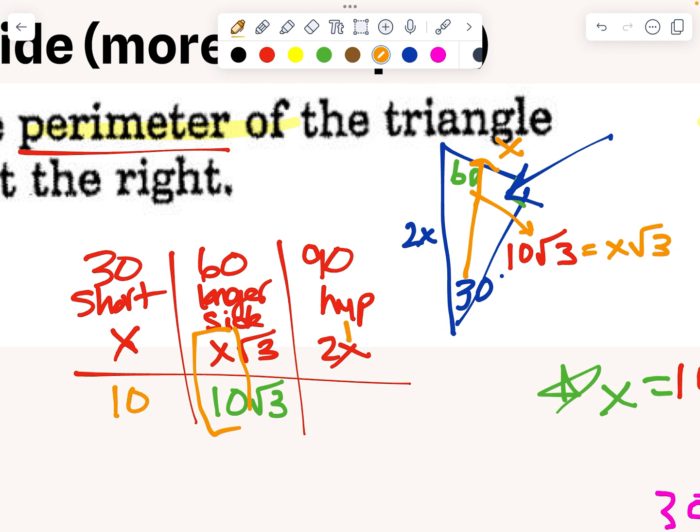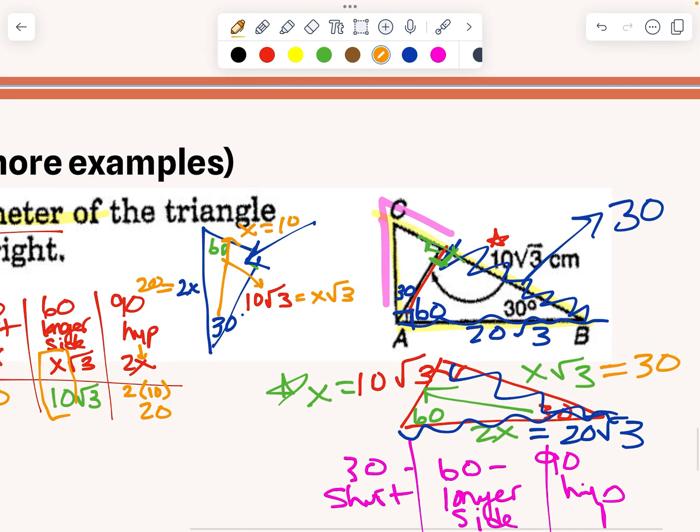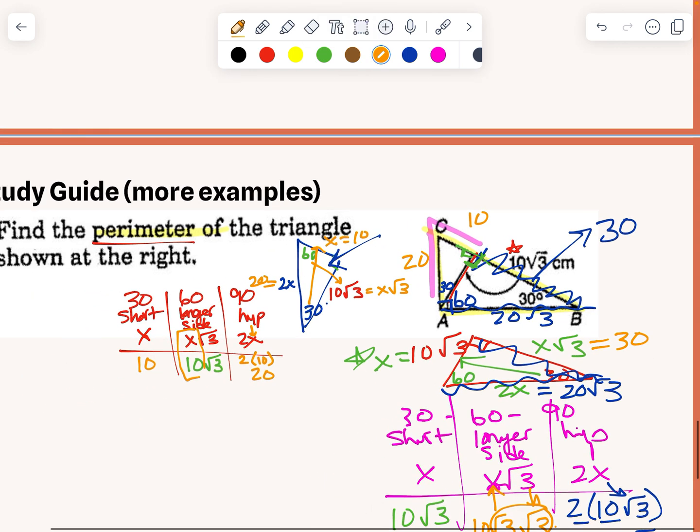When we plug x into the hypotenuse section of our box, 2 times 10 is 20. So that means this piece over here is 20, and the x piece that we have is 10. So when I go back to the main picture, we have 20 and 10, and I did try to keep it oriented the same direction so that we can see what was going on.